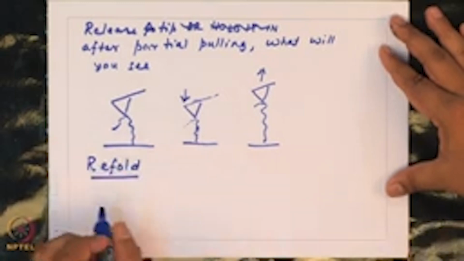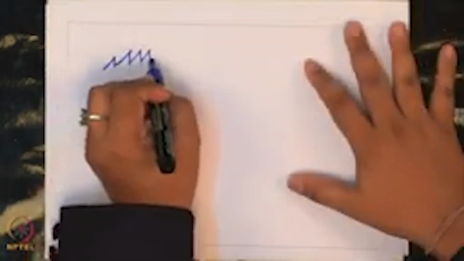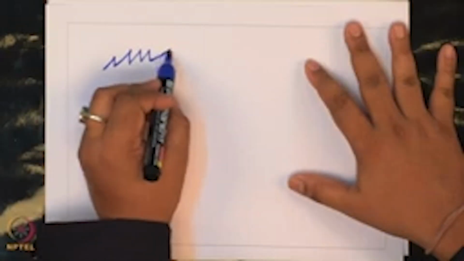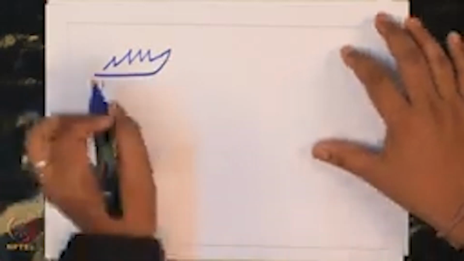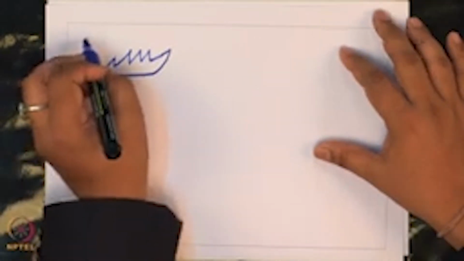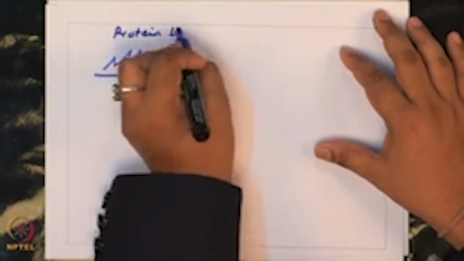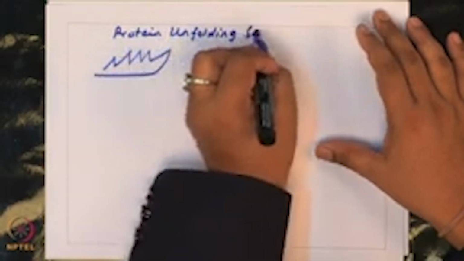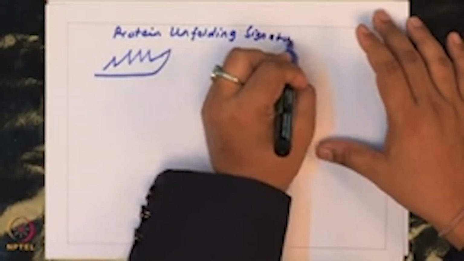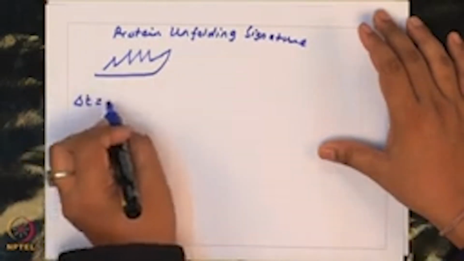And how do you know what is the signature of refolding? Let us say this is the protein unfolding signature. Let us assume delta t is 0.1 second.